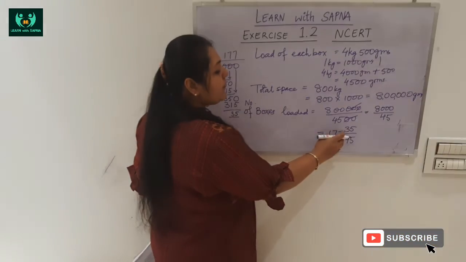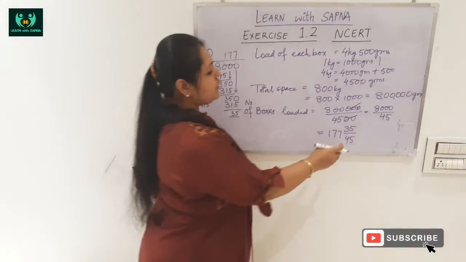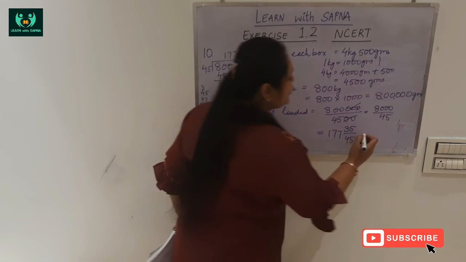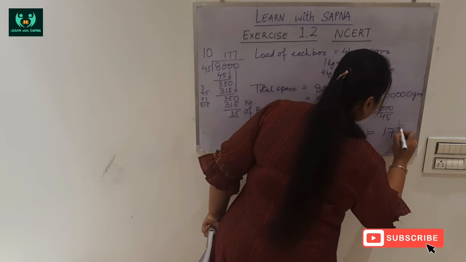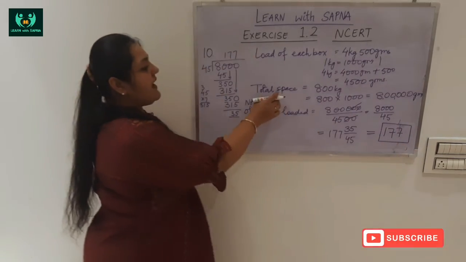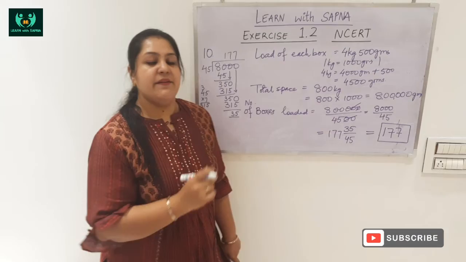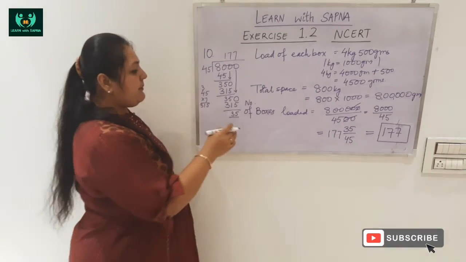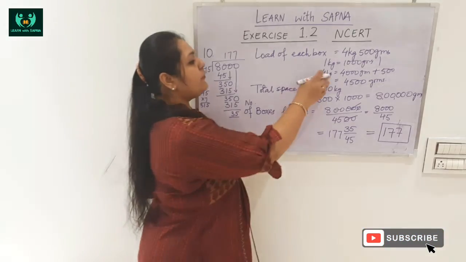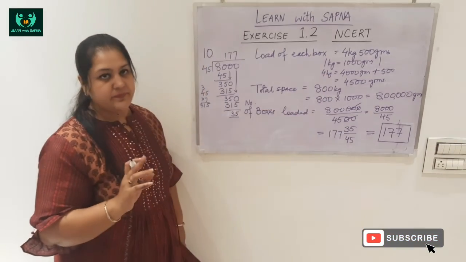We just need proper full boxes, यानी जो प्रॉपरली डिवाइडेड है. 4500 ग्राम्स कितने बॉक्सेस इसमें आ सकते हैं? So the answer will be 177. The maximum number of boxes that can come in this van, that will be 177. Although वैन में हमारे पास ये 35 ग्राम्स वेट की जगह बचेगी, but उसमें हमारा फुल बॉक्स नहीं आ सकता.